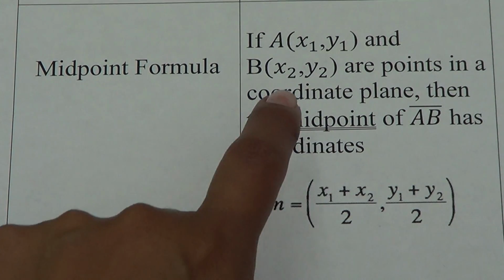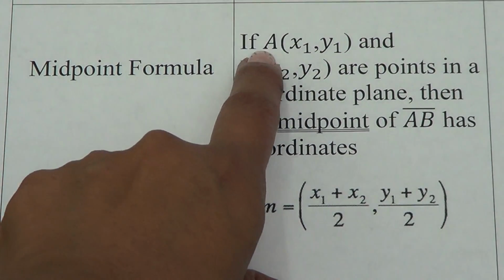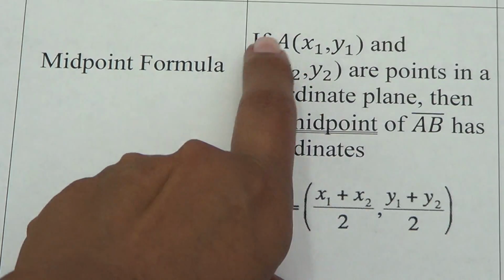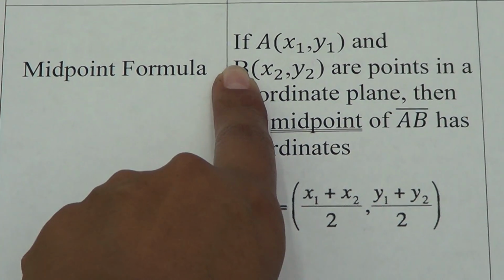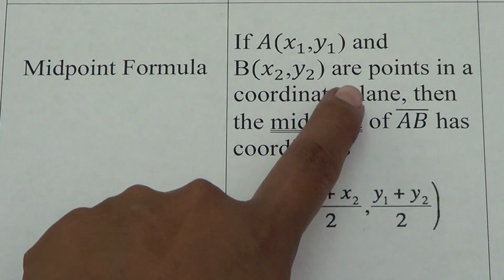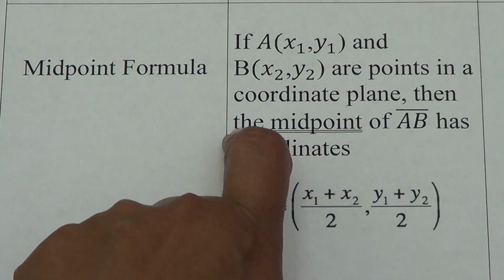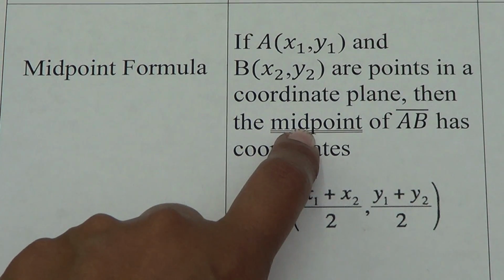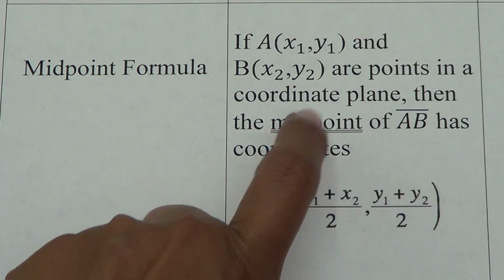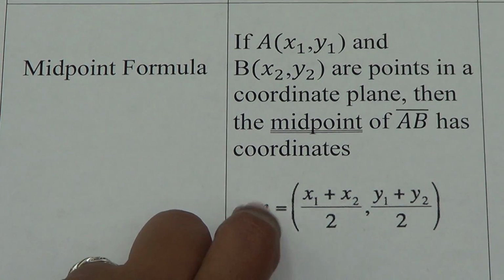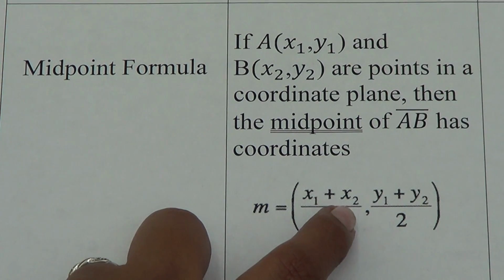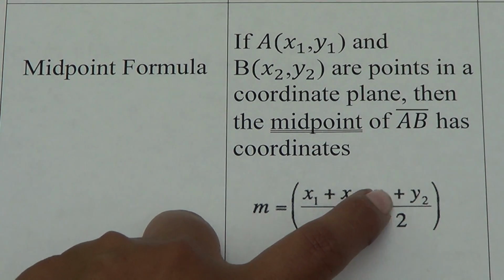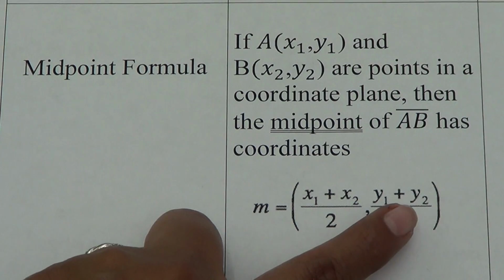And what that says is if you have point A, and you know the coordinates, x sub 1, y sub 1, and you have a point B, and you know the coordinates of that, x sub 2, y sub 2, and they are in a coordinate plane, then the midpoint, so where it got cut in the middle, where it got bisected, of segment AB has the coordinates of x sub 1 plus x sub 2 over 2, comma, y sub 1 plus y sub 2 over 2.